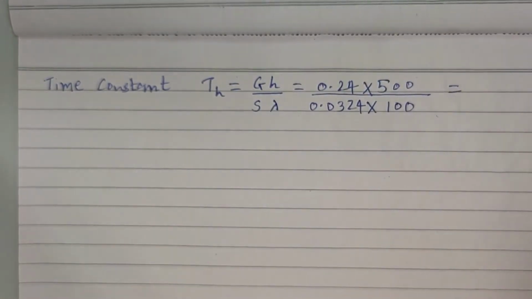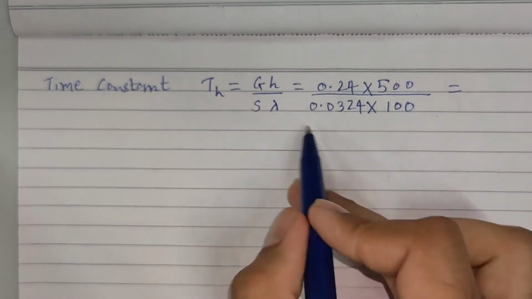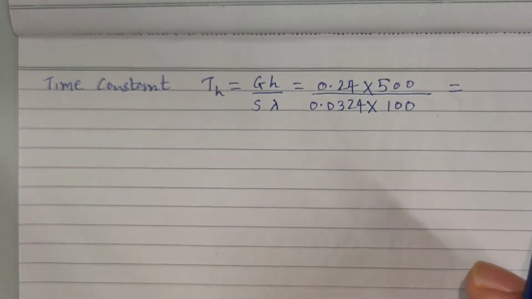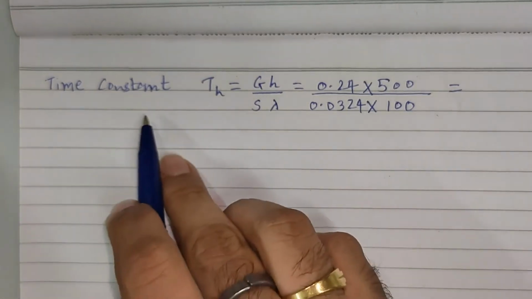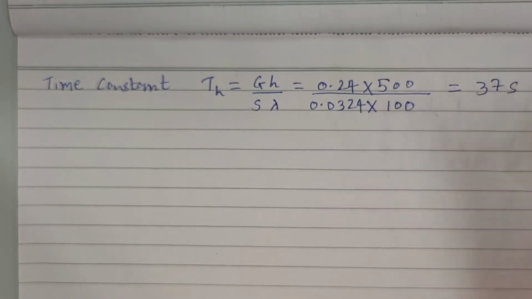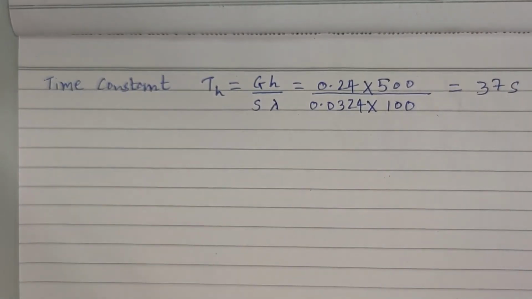So by simplifying these calculations, you would finally find the time constant as 37 seconds.